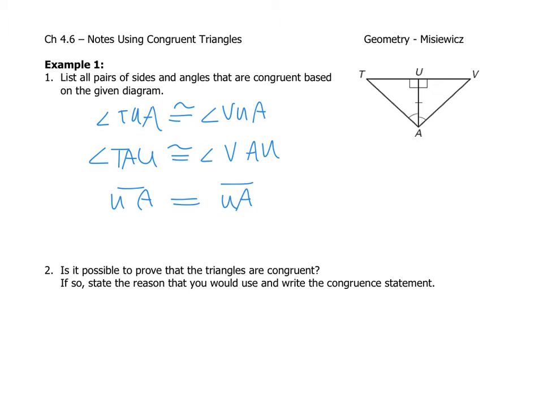And because of that, notice that we now have an ASA situation. We have an angle sandwiching a side in between. So by ASA, we can draw the conclusion that triangle TUA is congruent to triangle VUA. These two triangles are congruent.